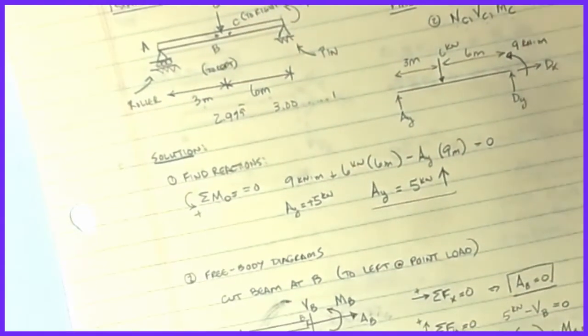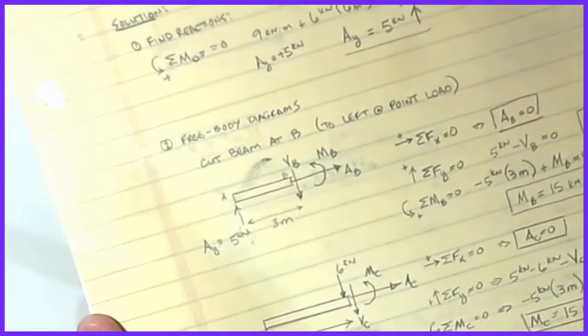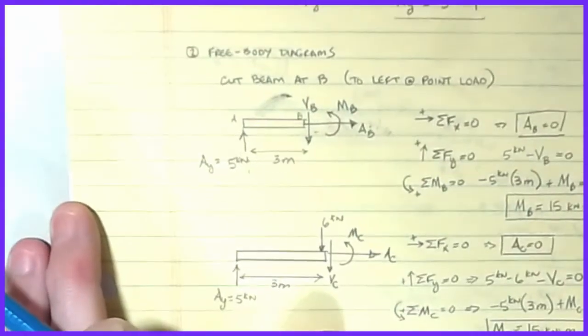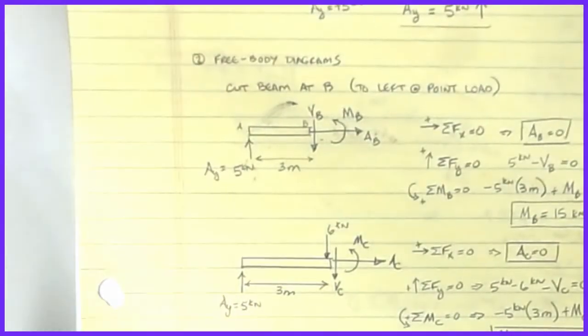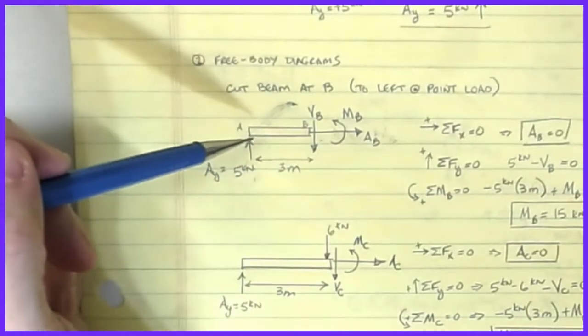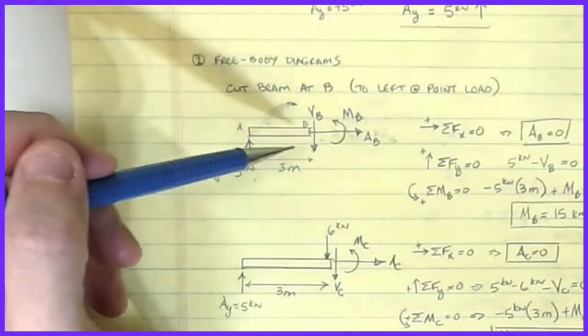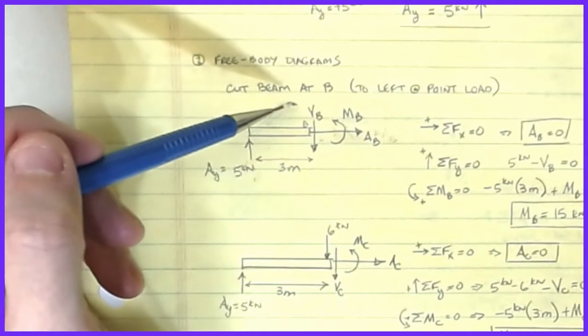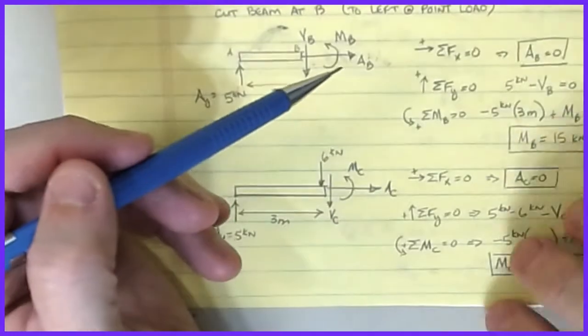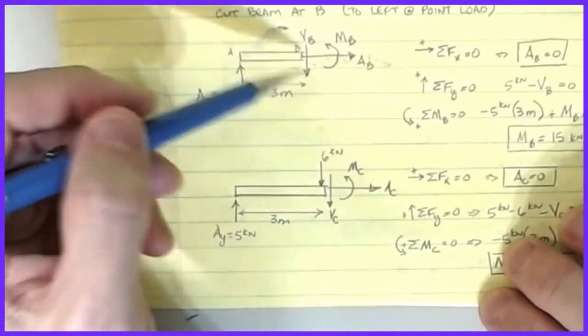All right, so now we can start figuring out what's going on at these particular points. It's pretty straightforward. All we're going to do is cut through the point that we're interested in. So if I'm cutting the beam at B, which if you remember was that point just to the left of the point load up here, then my free body diagram looks something like this.